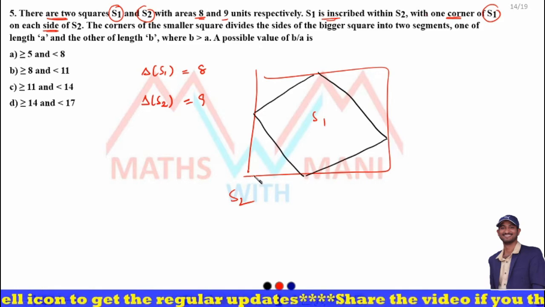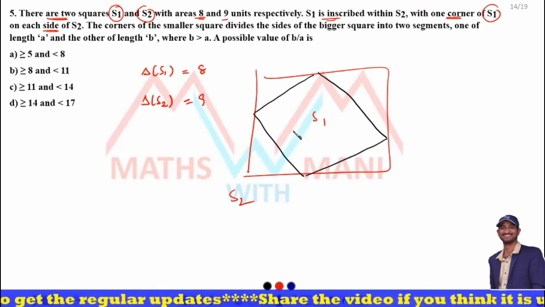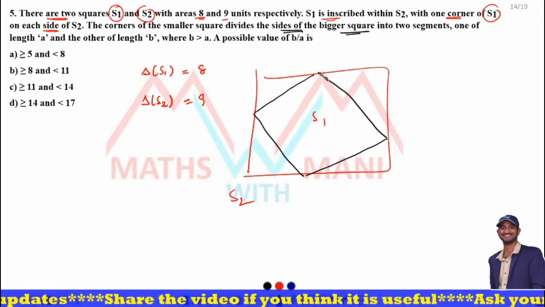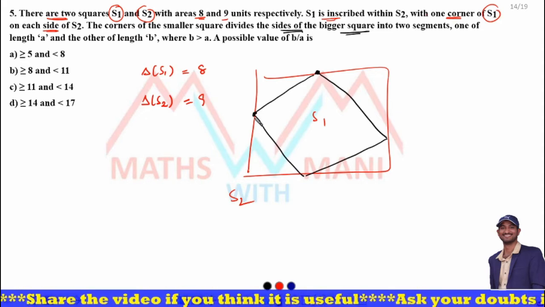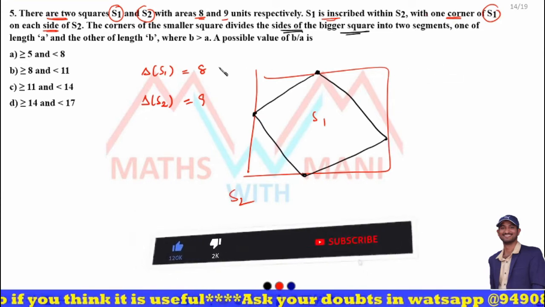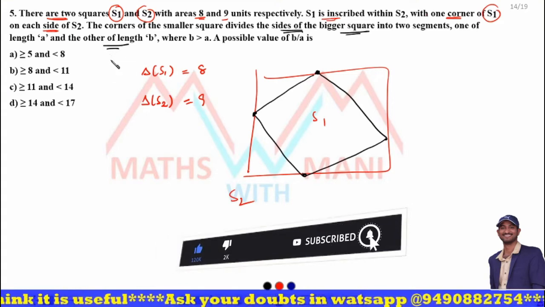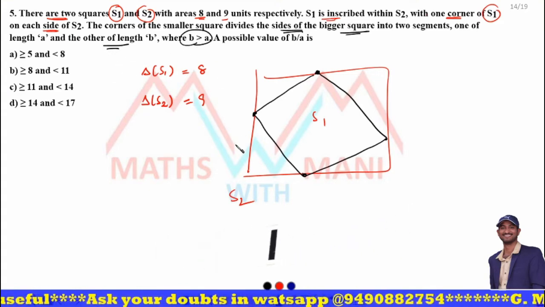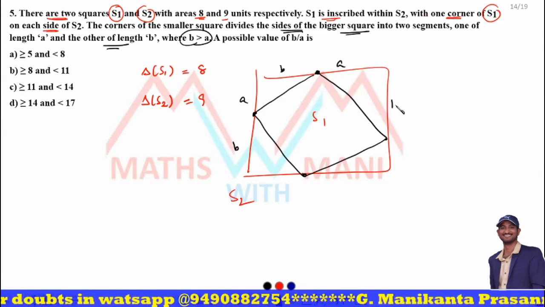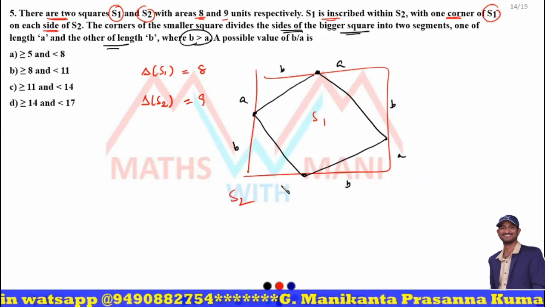The corners of the smaller square divide the sides of the bigger square into two segments. So every corner divides the side of the outer square into two segments, one of length A and the other of length B, where B is greater than A. It is B, then A, and so on.